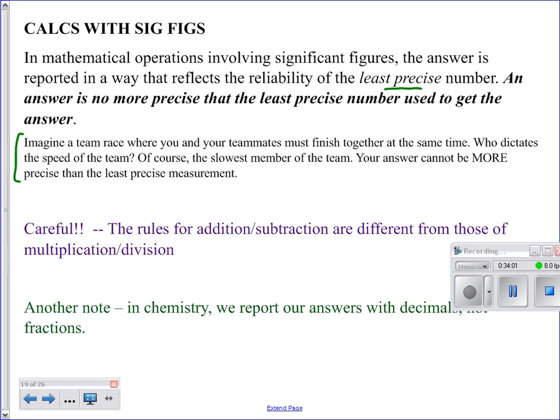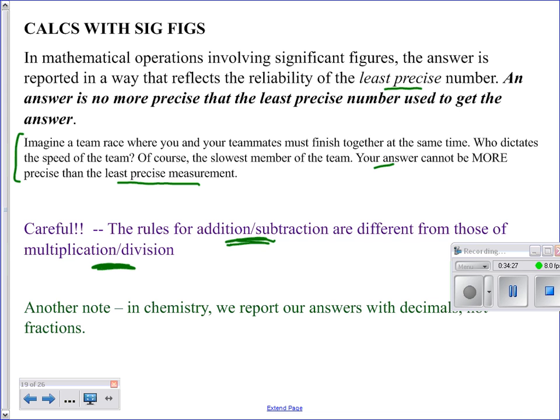The time of that race is going to be dependent upon the slowest member of the team. Same sort of deal with your answers. It cannot be any more precise than the least precise measurement. So we're going to see that we have different rules for addition and subtraction, and multiplication and division. There's two different sets of rules that we're going to use.